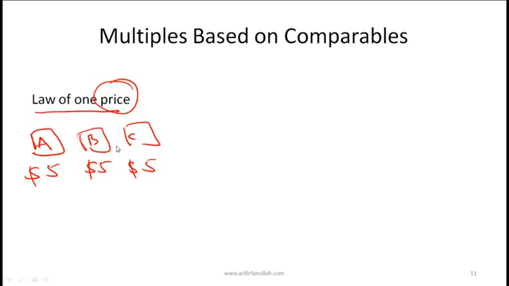So what we really mean here, by the law of one price in the context of shares, is that the multiples should be the same. So the PE ratio of A and the PE ratio of B and the PE ratio of C should be the same, as long as all these 3 companies are very similar.